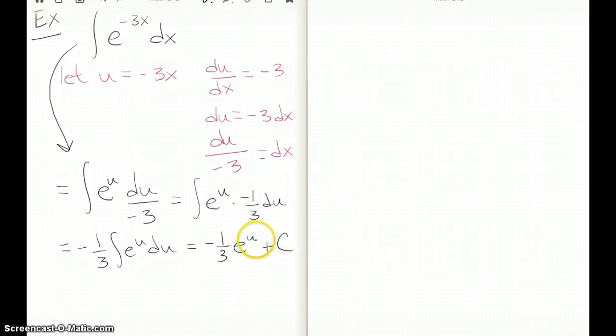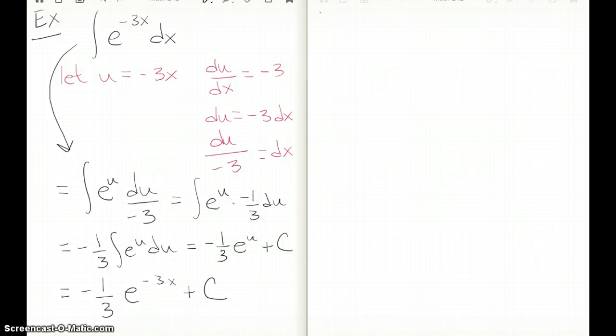You have to rewrite it with the original variable, and the original variable was x, so replace that u with negative 3x. So negative 1/3 e to the negative 3x plus c. Now that one is complete. Again, pause the video and check that this antiderivative is correct by taking its derivative and getting the integrand, e to the negative 3x.